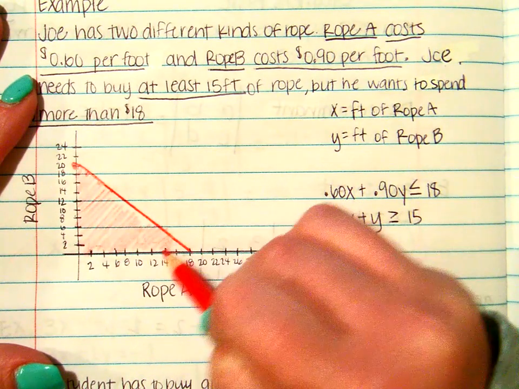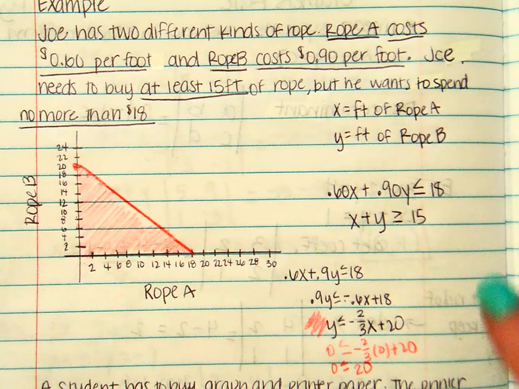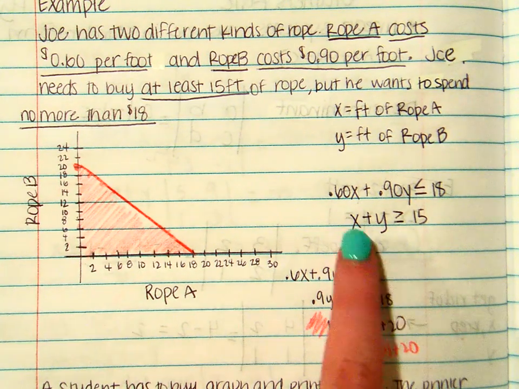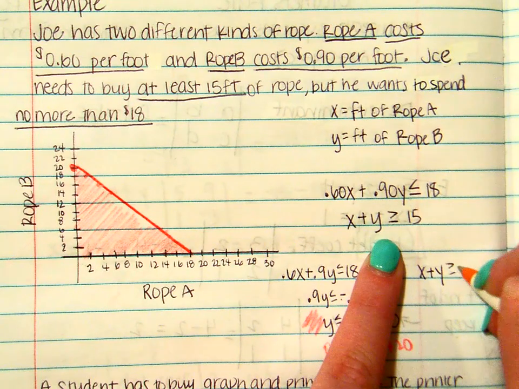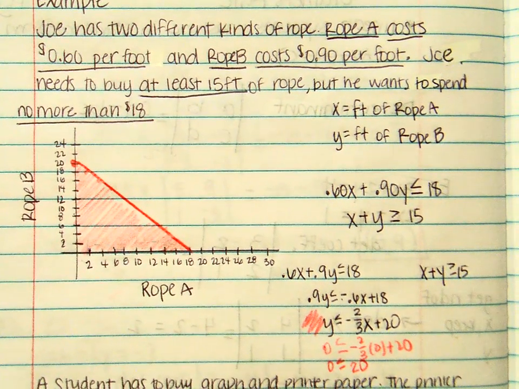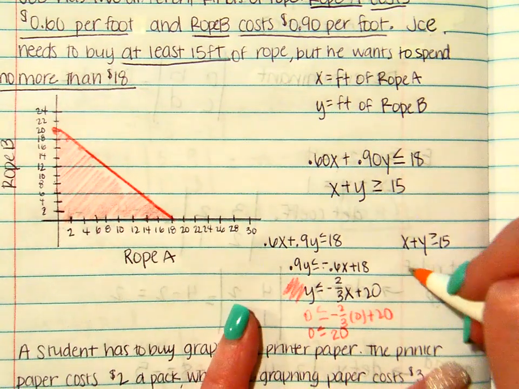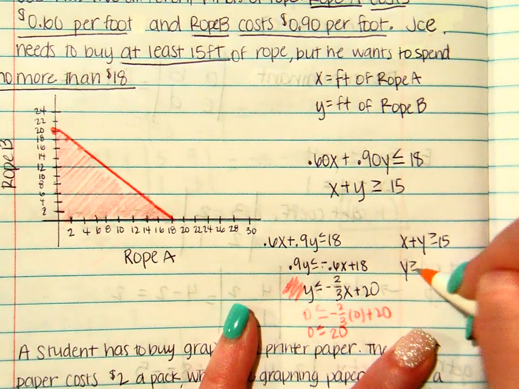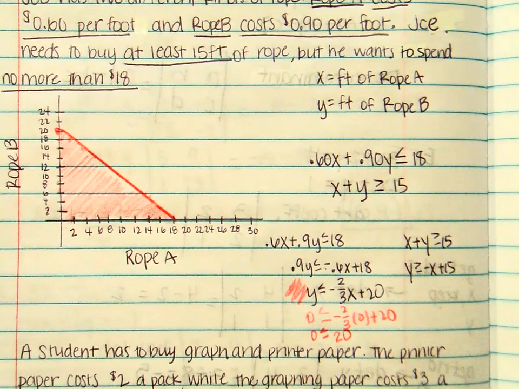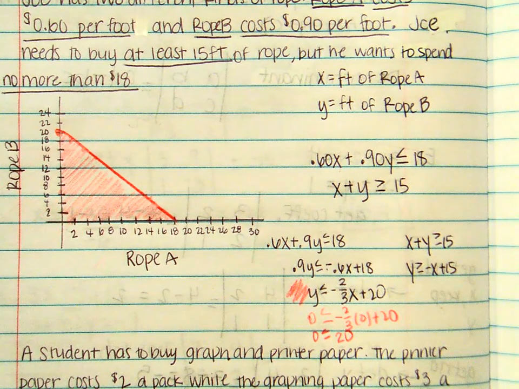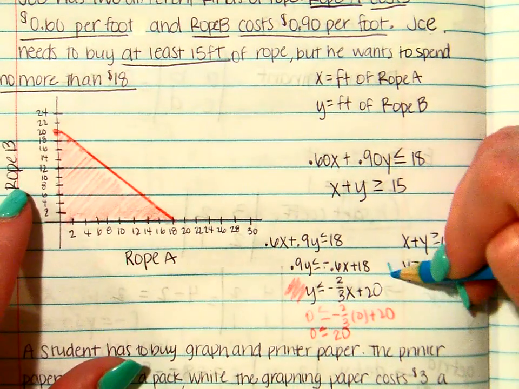Okay, now I'm going to do the other one. So now I'm going to do this x plus y is greater than or equal to 15. So I'm going to subtract x. And then that's all I have to do. So now I'm going to go ahead and graph that. So I start at 15. So I'm going to graph this one using blue. So I'm going to start at 15.